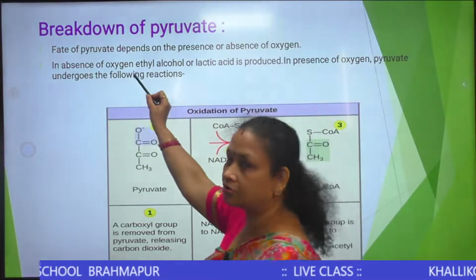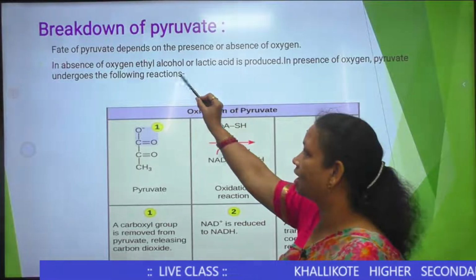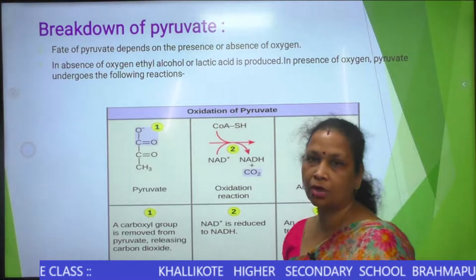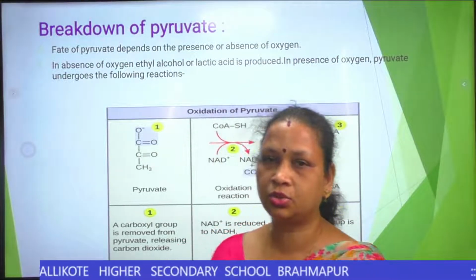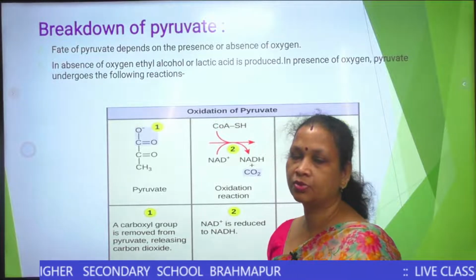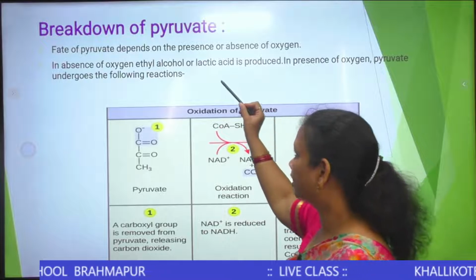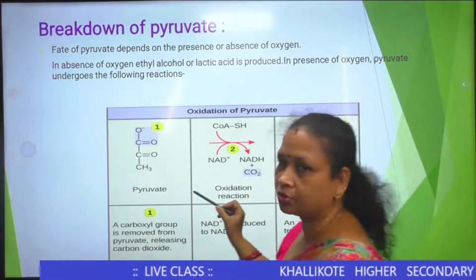In the absence of oxygen, what is formed from pyruvate is ethyl alcohol or lactic acid, which we saw in anaerobic respiration. The amount of energy released is only 2 ATP molecules, that is from the direct process of glycolysis. So if there is aerobic respiration, then what happens to pyruvate?